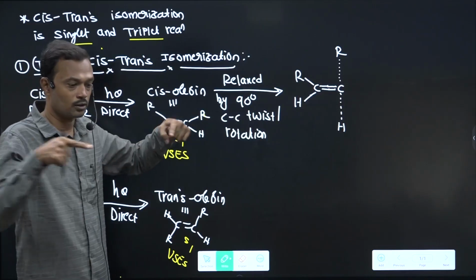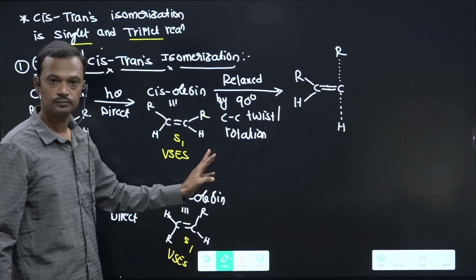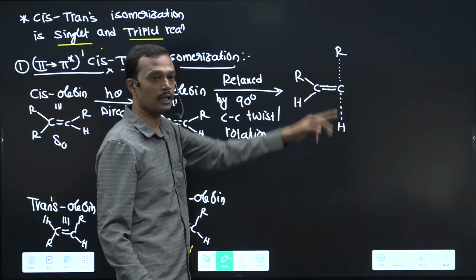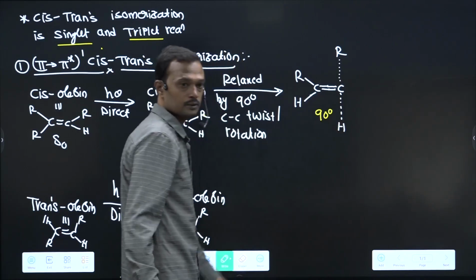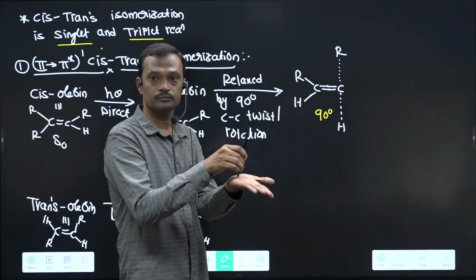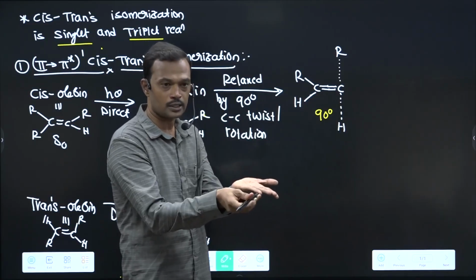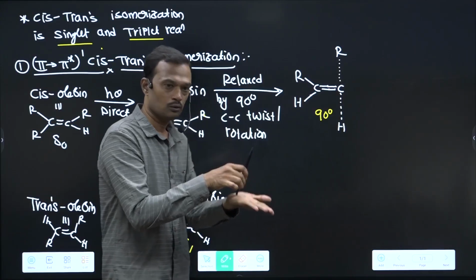Two methyls are on the same side or not? 0 degree. What about these two? 180, opposite. But what about this alkyl? They are maintained by how much angle? 90 degree. So one alkyl is on the right side, the other alkyl is above. What about here?